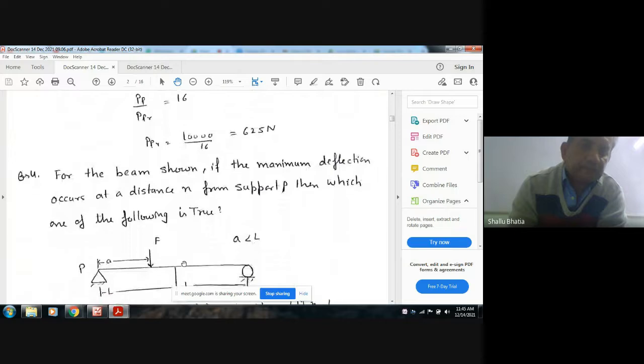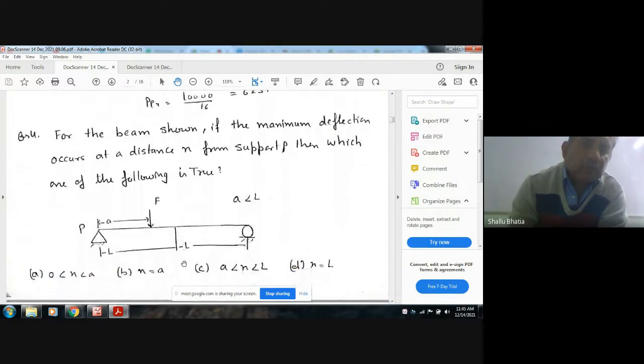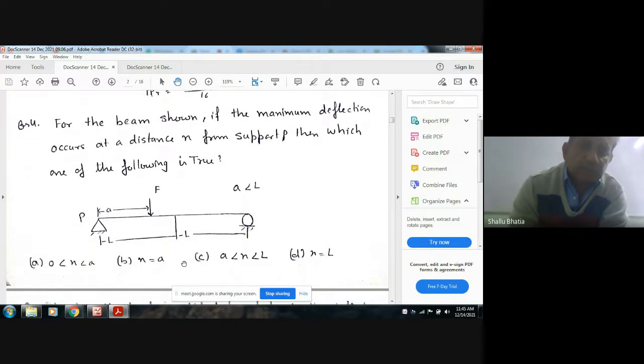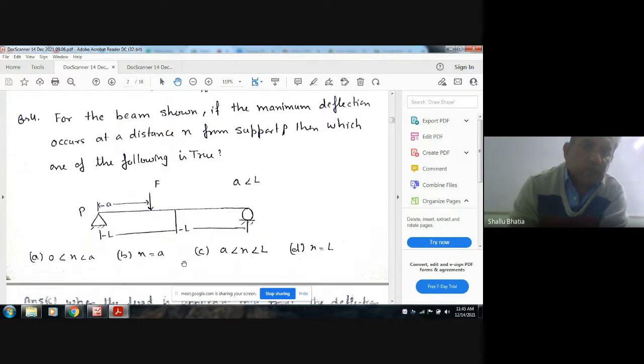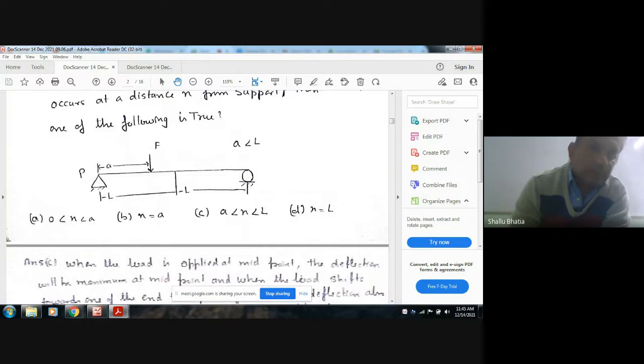Next, for the beam shown, if the maximum deflection occurs at a distance x from support P, then which one of the following is true? Here the force is applied at a distance a slightly towards support P and not at the midpoint.